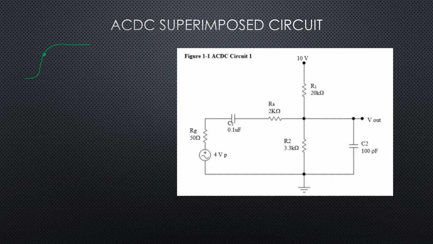So if we want to do R Thevenin for C1, we should get a formula that looks like this. We've got RG plus 2K, the RS, plus R1 in parallel with R2.